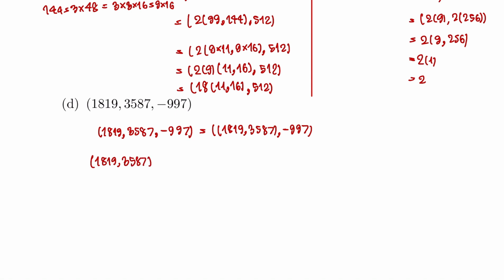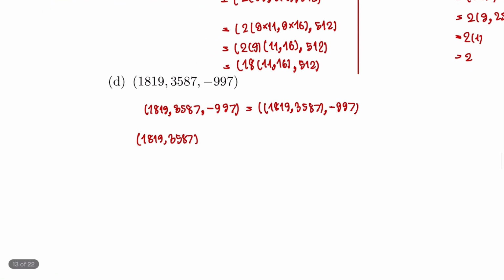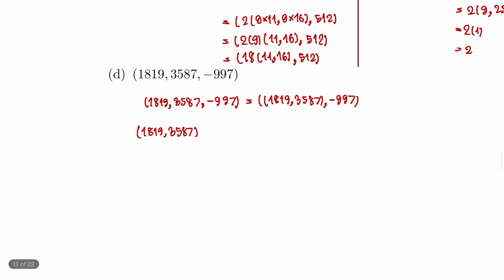Let's find the greatest common divisor of 1819 and 3587 first. I think it's quite difficult to do, so I want to start with the division algorithm. I will divide 3587 by 1819.